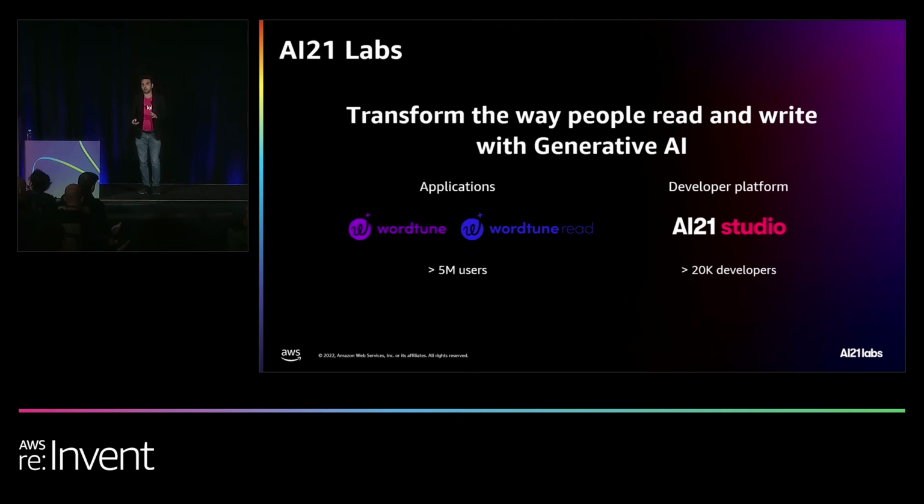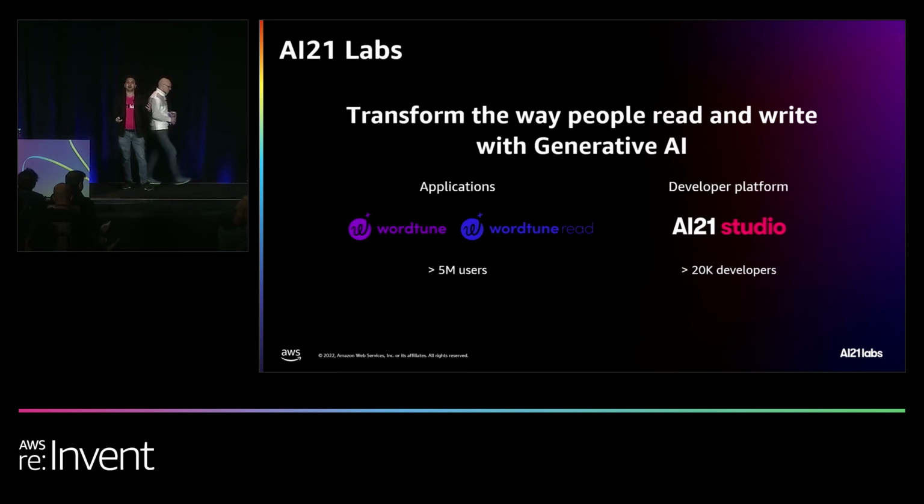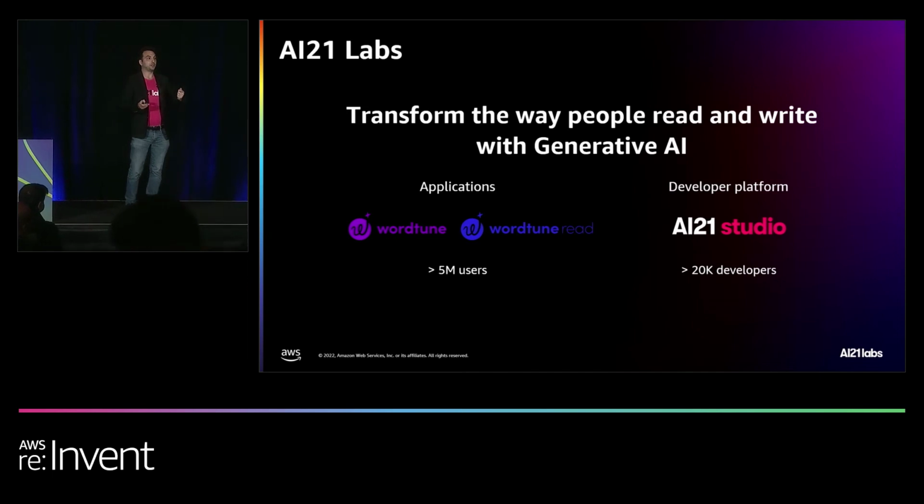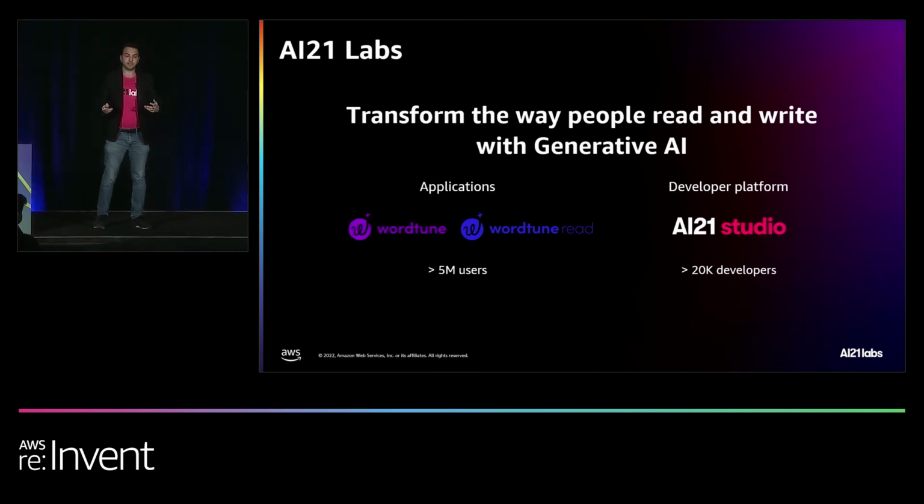And so we develop our own large language models that power our own applications, Wordtune and Wordtune Read. Wordtune is a writing companion that helps people to express their ideas and find the right words for what they're trying to say.